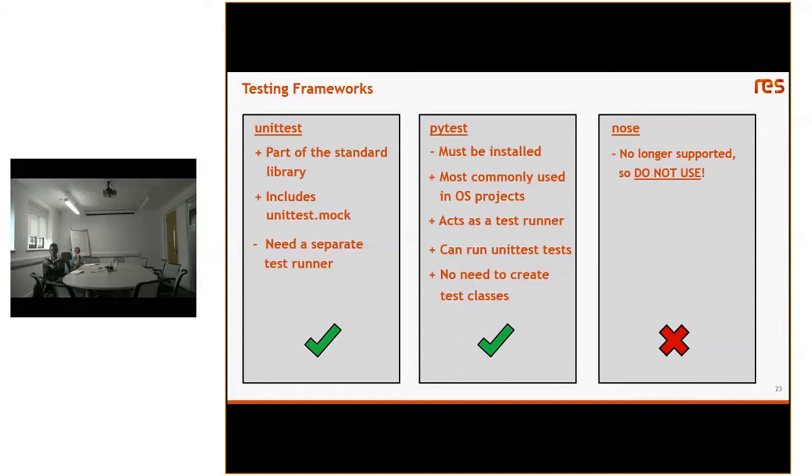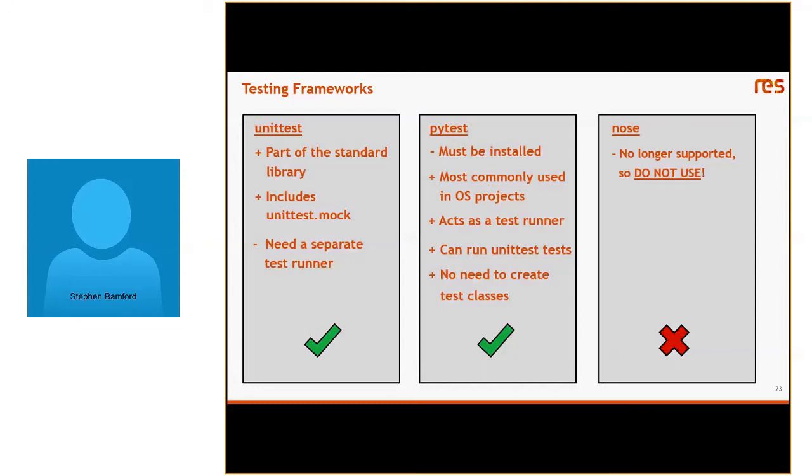But they all have their differences. I think because the majority of the use is moving towards PyTest in the open source community, that's probably going to be the testing framework that's going to be supported for longest. And that's an important consideration if you're writing code that is going to be around for quite some time.